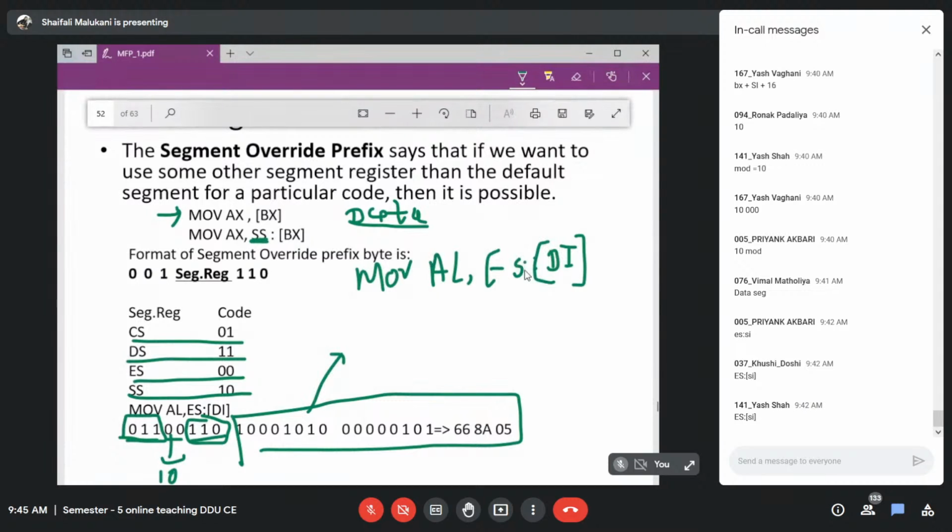We will discuss this code quickly and then we will go to the next topic. Write down this question, solve it, just write this machine code, and we will solve this question and then go to the next topic in the next lecture. Any doubts so far? Okay, so we will continue our discussion in the next lecture.